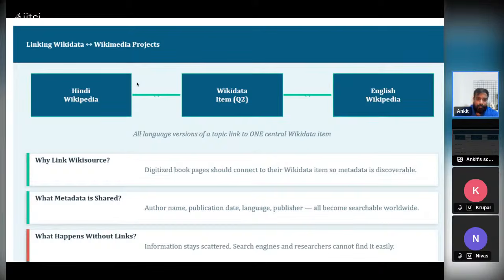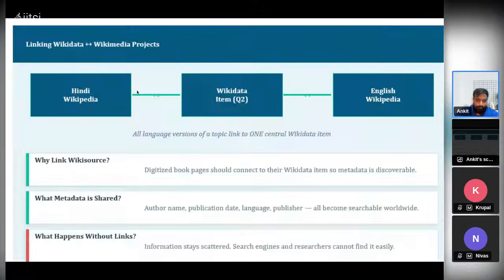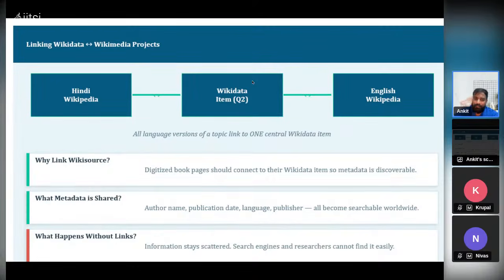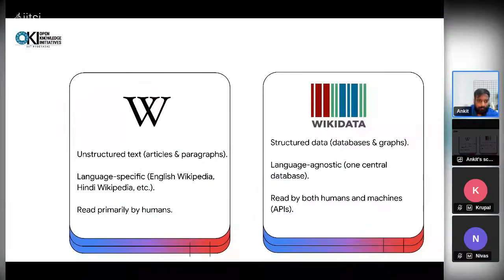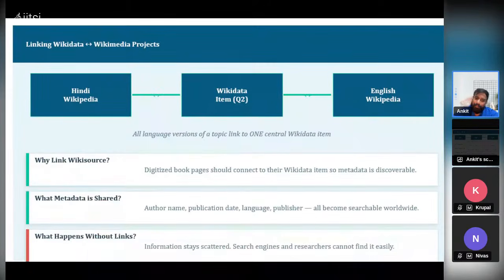Second thing, Wikisource. You might have heard about Wikisource in the past few sessions. It is for digital books. It is also connected with Wikidata. So each Wikisource metadata is connected to Wikidata, and that is how it is connected to one Wikimedia platform, or one Wikipedia page.